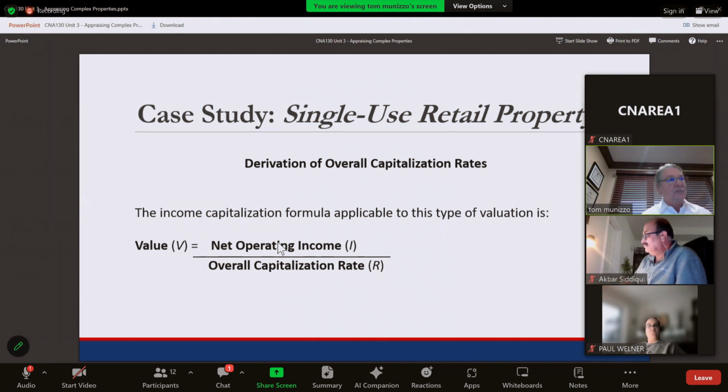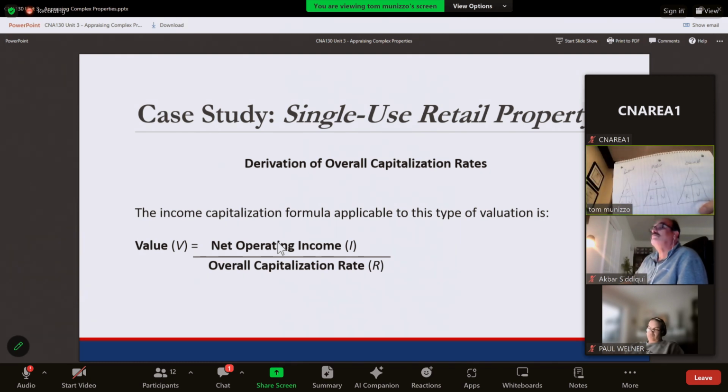Okay. Now look at the triangle. Your net operating income right here divided by your rate is going to give you value. That's how that works. So sometimes when you're looking at it on the screen in a formula, it's a lot easier by just drawing out triangles.